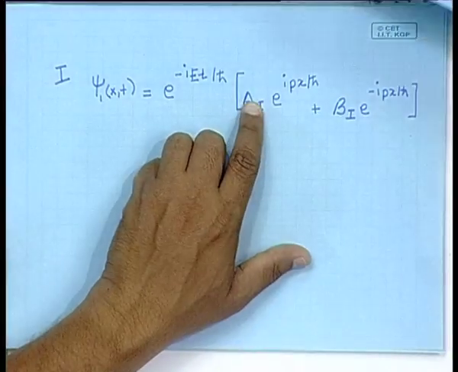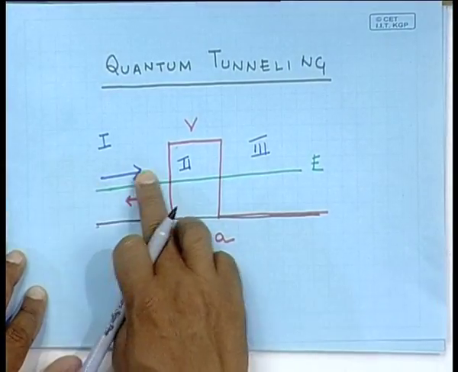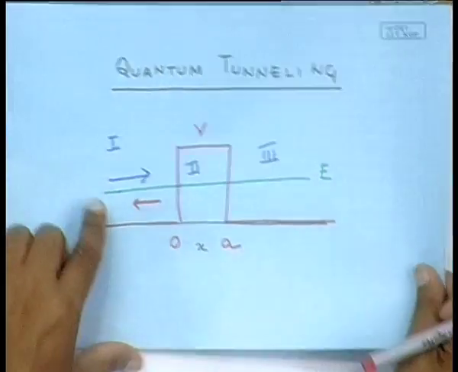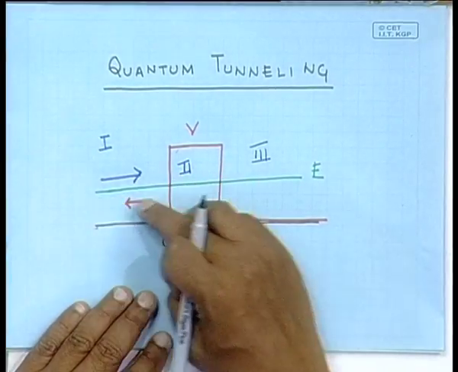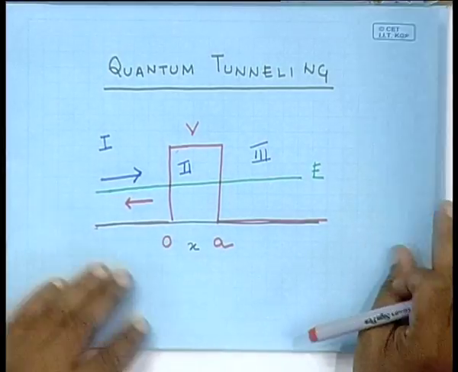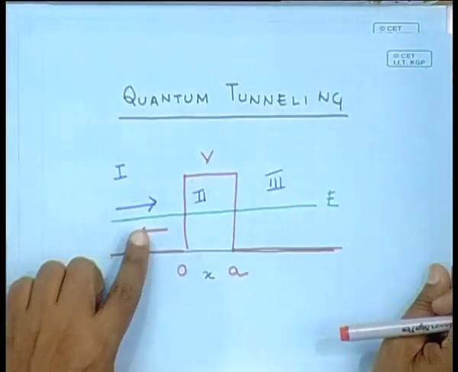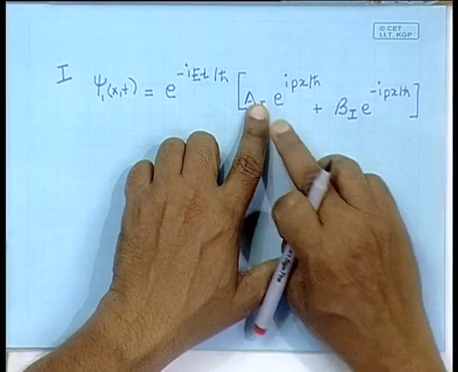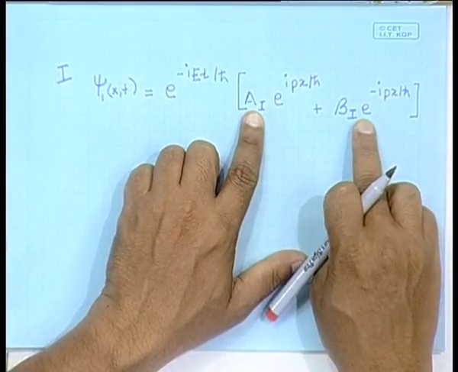So the first part represents a particle with positive momentum plus p, which is the incident particle, and the second part represents a particle going in the opposite direction, which is the reflected particle. This is the wave function in region 1, where the particle is free.